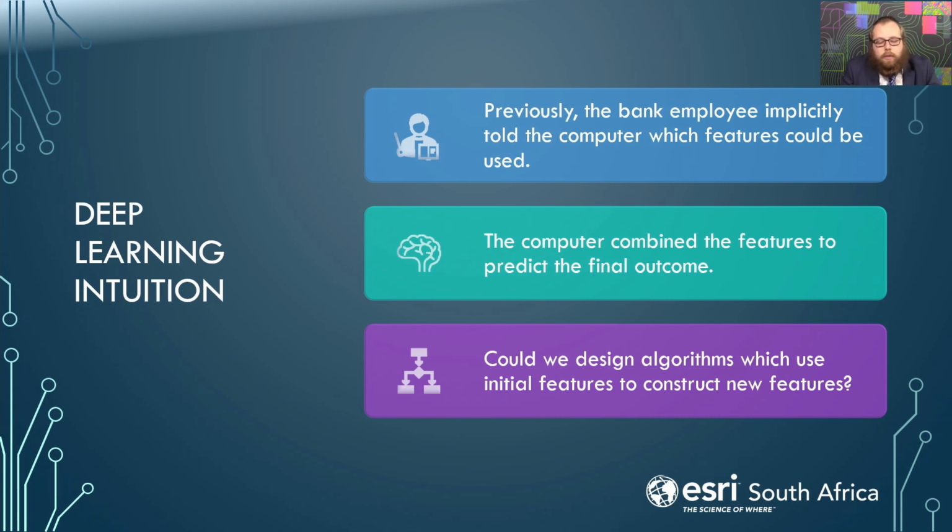Then the computer combines the features to predict the outcome. But could we design an algorithm where the computer uses those initial features to construct new features? And those features perhaps will be better able to predict the final result of the loan being accepted or rejected.